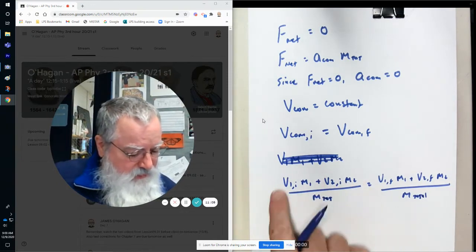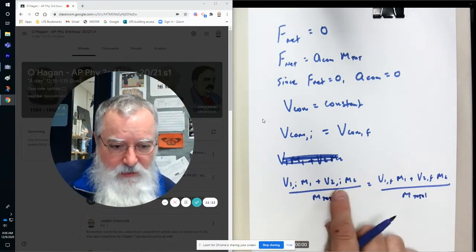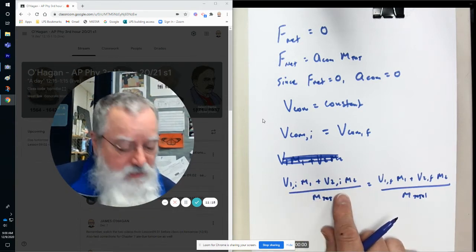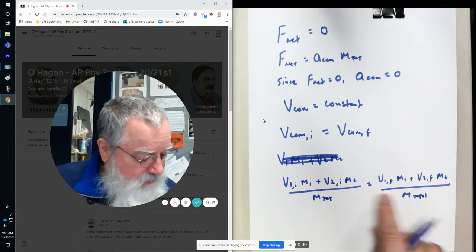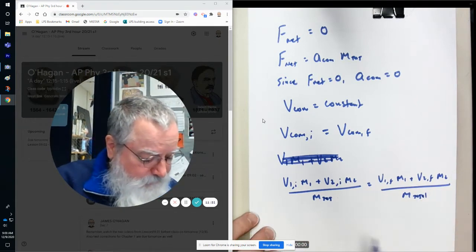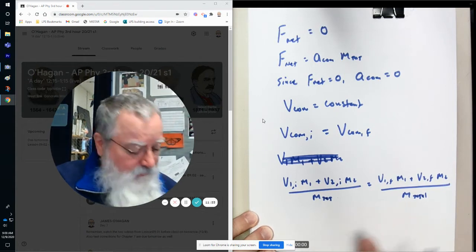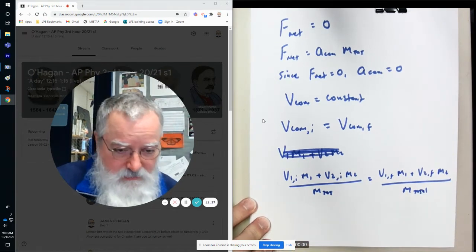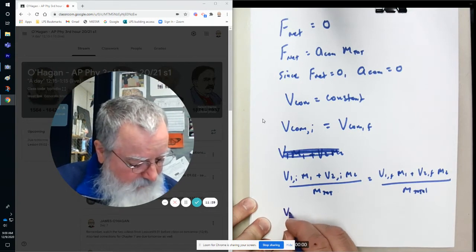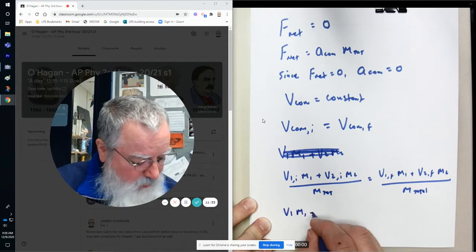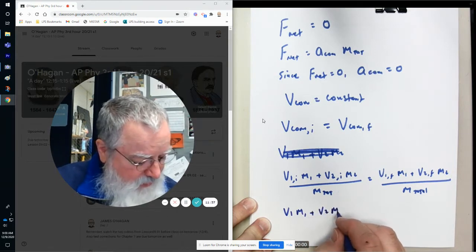So this is the center of mass velocity broken out into what it actually means before something happens. Initially, this is the center of mass velocity. Finally, at the end. I'm going to multiply both sides by total mass, and we get velocity of object 1, mass of object 1, plus velocity of object 2, mass of object 2.